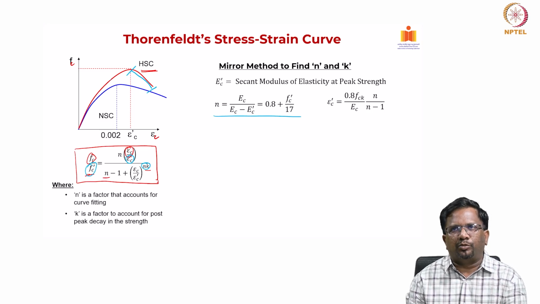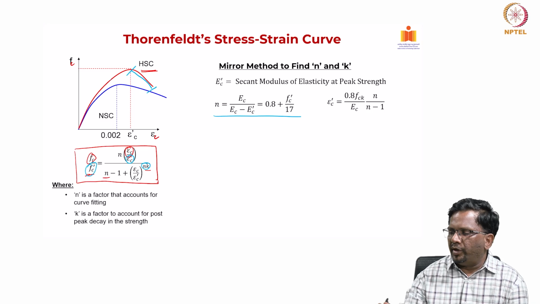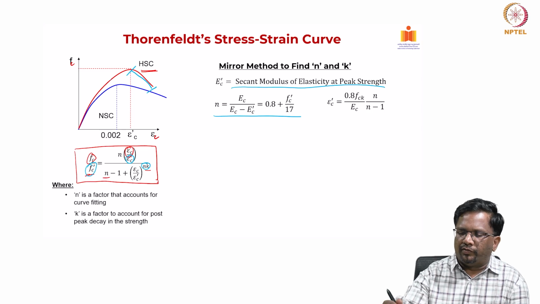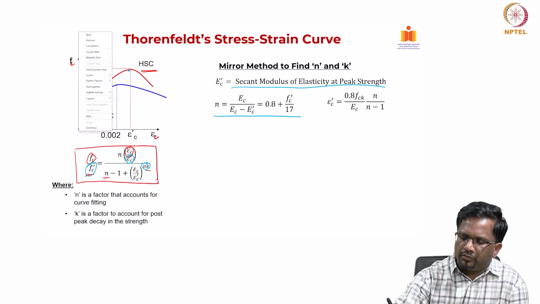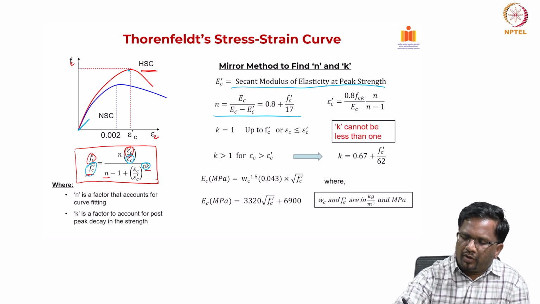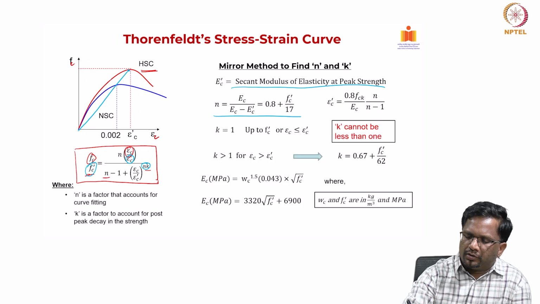Ec is your tangent modulus, and E prime c is your secant modulus at peak strength. So, what is the secant modulus? Again, we have discussed this, right. If you look at this point, and then connect from your origin to this, that is nothing but your secant modulus.